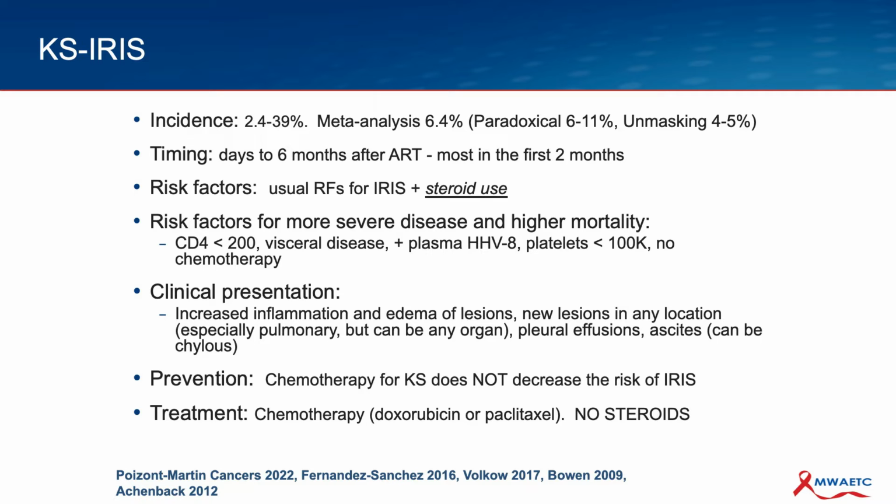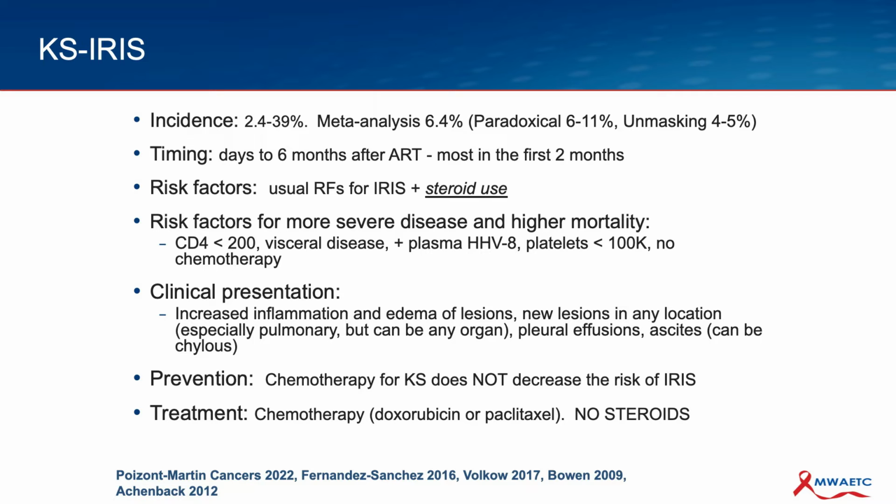The timing is days to months after ART, most within the first couple of months, and risk factors are the usual risk factors for IRIS, and those include low CD4 count, high viral load, disseminated infections, and a short interval between the time someone has their OI treated and the time they start ART.